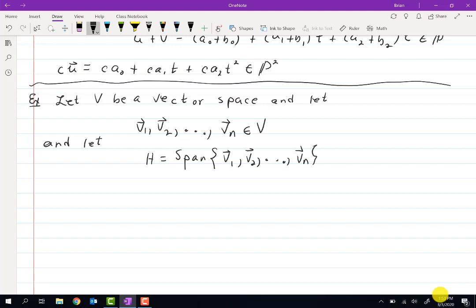The span, of course, is the set of all linear combinations of these vectors.